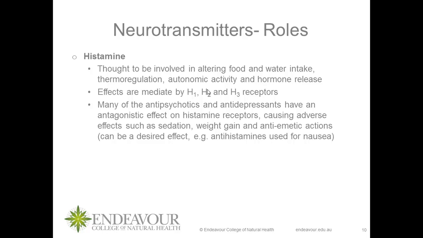Histamine might be affecting weight gain, having a CNS action as a neurotransmitter, and some antipsychotics and antidepressants might affect a person's weight, have an adverse effect. They might produce sedation.